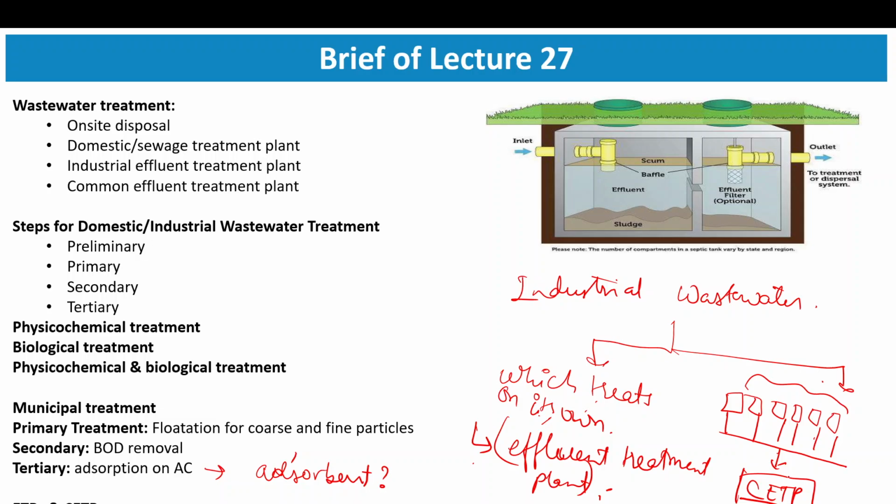The name itself suggests it is an effluent treatment plant common for all the industries housed in a particular region. Whatever wastewater comes from that region, that entire volume will be treated. So CETPs are used for wastewater treatment if we have small scale industries.